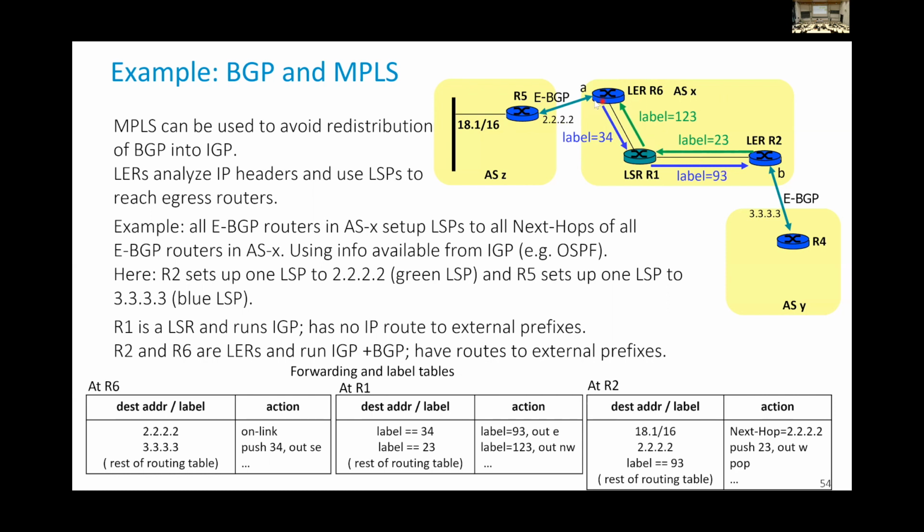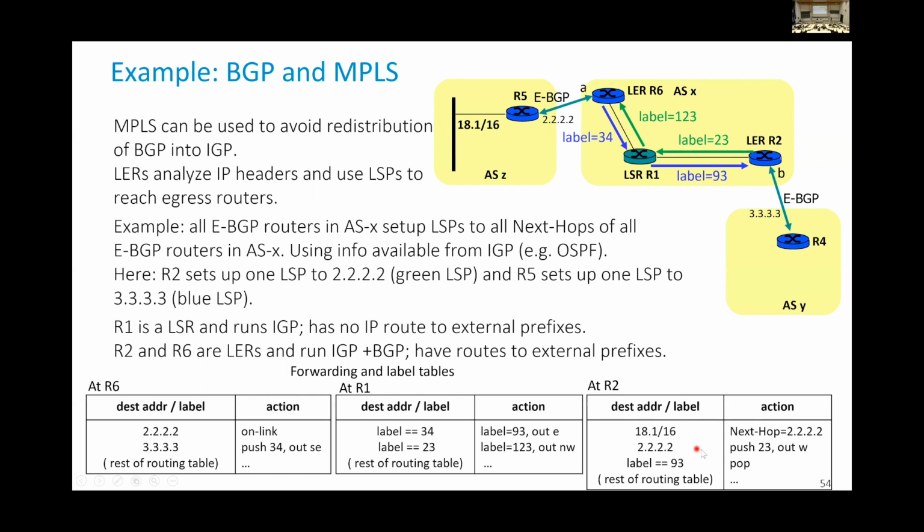That means that whenever a packet comes from R4 to this destination, 18.1 here, R2 from BGP will know the next hop. At R2, there will be a next hop 222. Then R2 is now an MPLS router, so it will have a table that says, how do I reach 222?